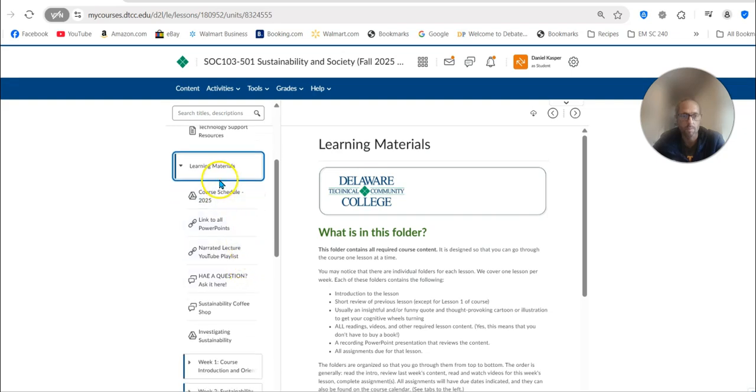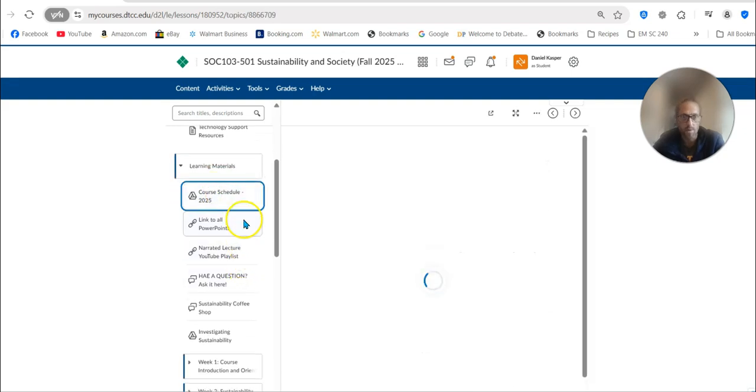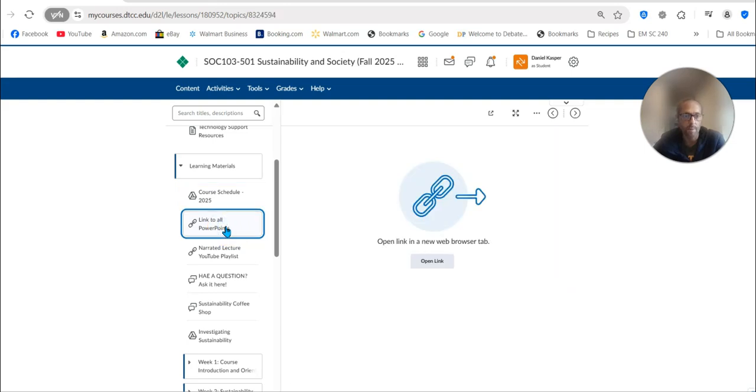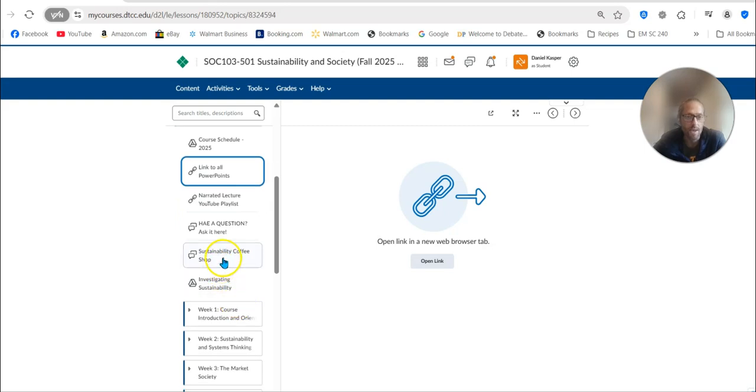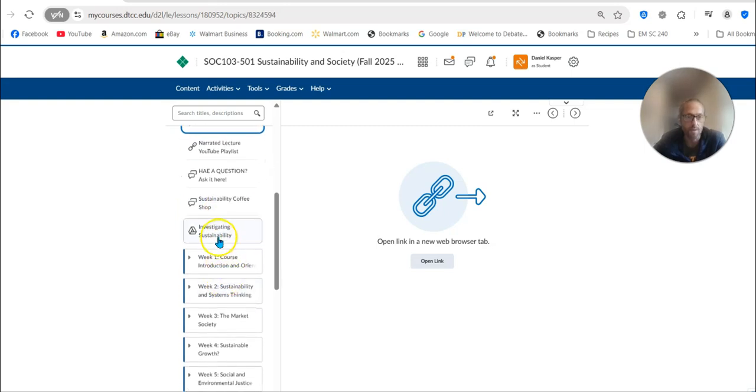Again, a copy of the schedule is in here. Here's a link to all the PowerPoints. It's a Google Drive folder. Here's a link to the YouTube playlist. Here's a link to the discussion board if you have a question, which I just noticed I made a spelling error, so I'm going to fix that. And then here's the coffee shop. We'll play around with this document throughout the semester.